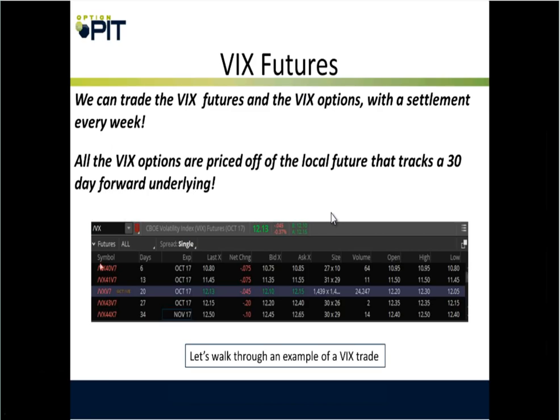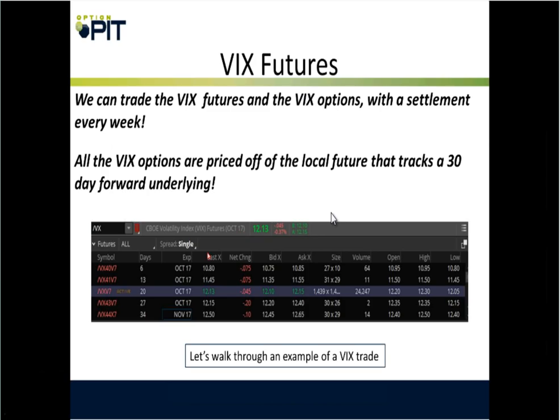So all of the futures that trade, they settle every week on Wednesday morning. You have a future pricing what's happening or settling for VIX now, but it's pricing something that is using a 30-day out index. So what happens is all your VIX futures trade at different prices relative to where the cash is at any one time.